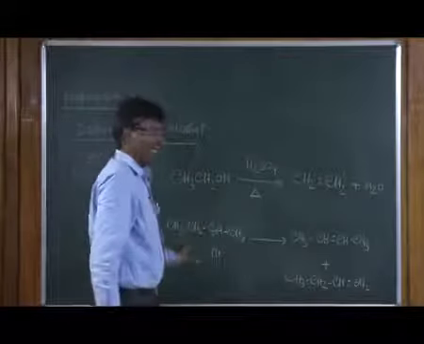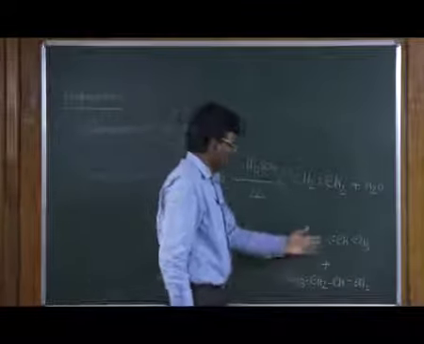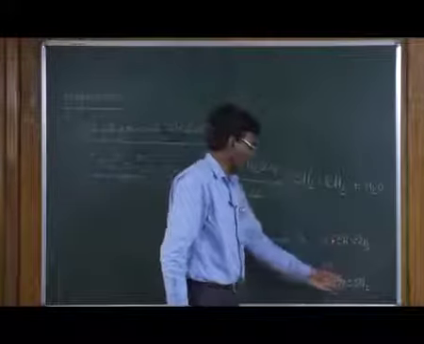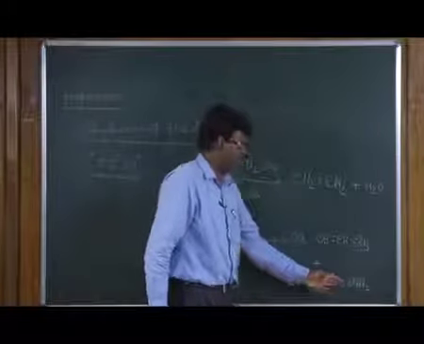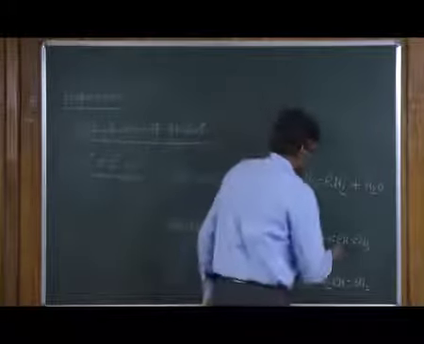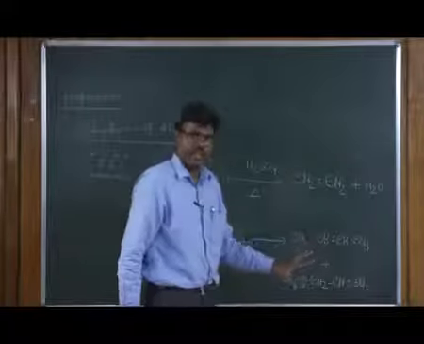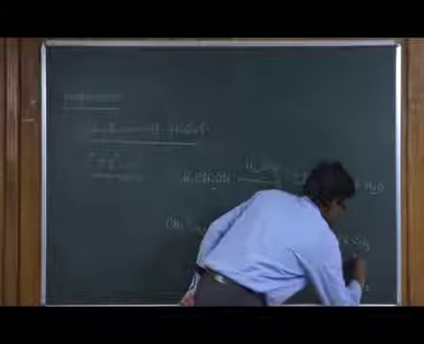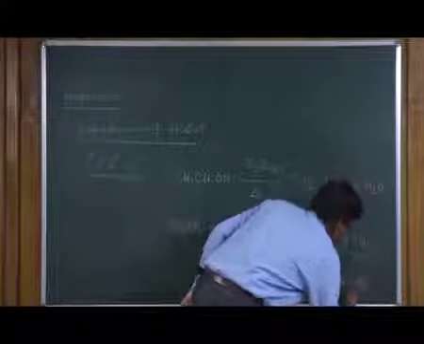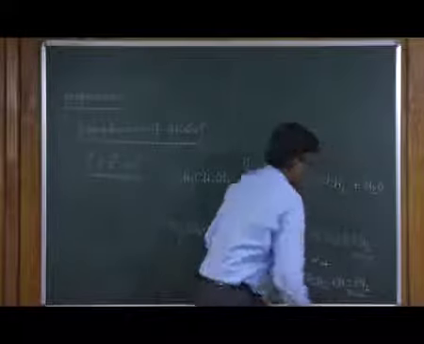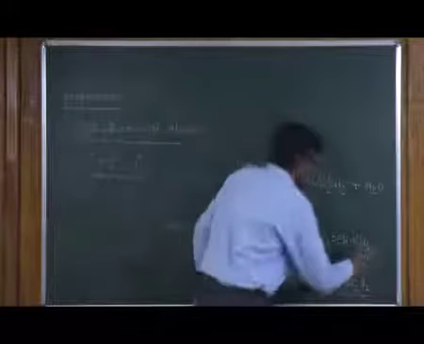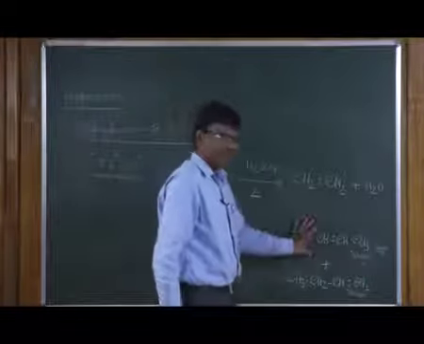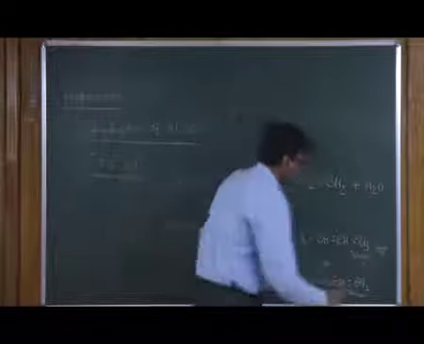One is the more substituted alkene, and another one is the terminal alkene. If you compare the ratio, this will be the major compound and this will be the minor compound, about 80% and the remaining 20%.